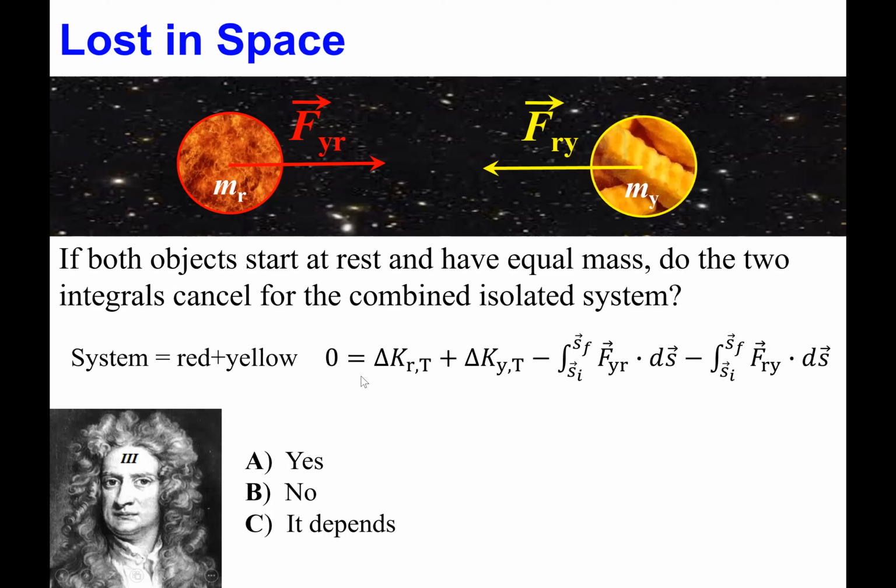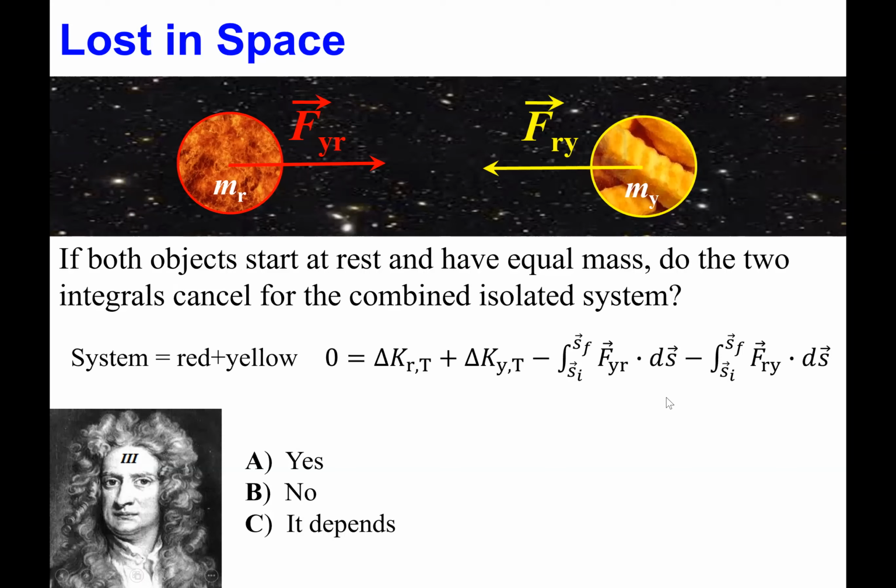And we come back to the result associated with that perspective: the change in translational kinetic energy for the red object, the change in kinetic energy for the yellow object, and then those individual integrals that we had seen before that we immediately identified as changes in potential energy of the individual objects. So let's think about this.